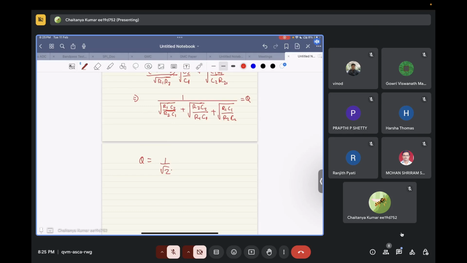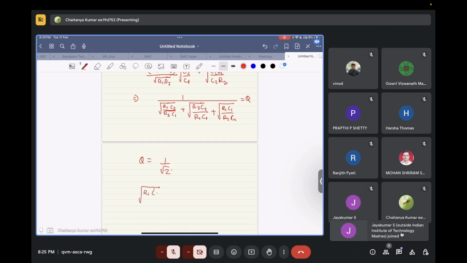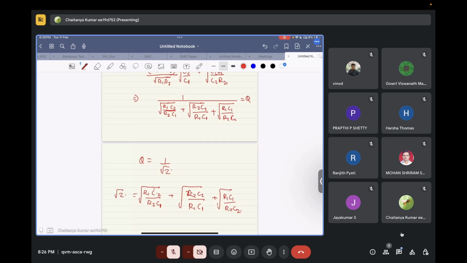So if I want that, what I will need is square root of R1 C2 by R2 C1 plus square root of R2 C2 by R1 C1 plus square root of R1 C1 by R2 C2 should be equal to square root 2. Correct?